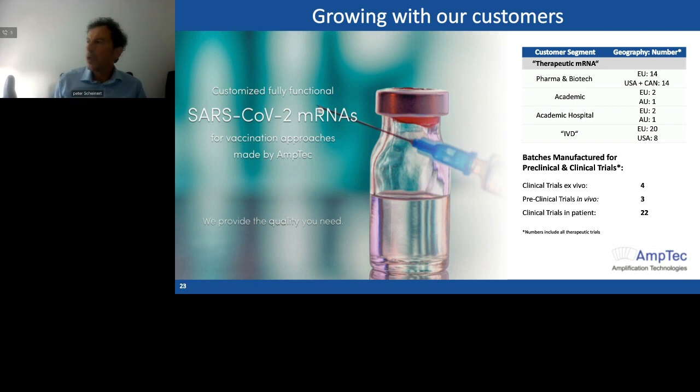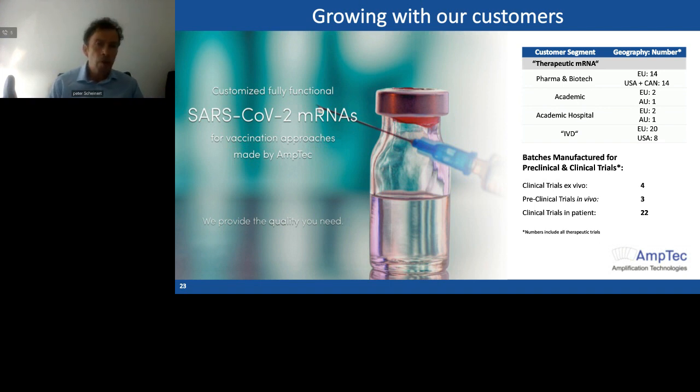We have just visited the biggest one. Also very important for you, for the audience, to know is that we are already involved in clinical trials with our material. We have the regulatory compliance for that. This is a key factor apart from the quality. We have regulatory compliance and a quality system in place to enable us to enter clinical trials, and as you can see, we have produced material for application ex vivo and in vivo, and we are very proud to be also involved in the meantime in clinical trials in patient phase 1-2.